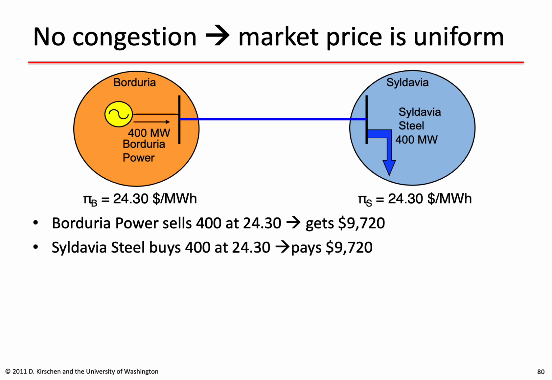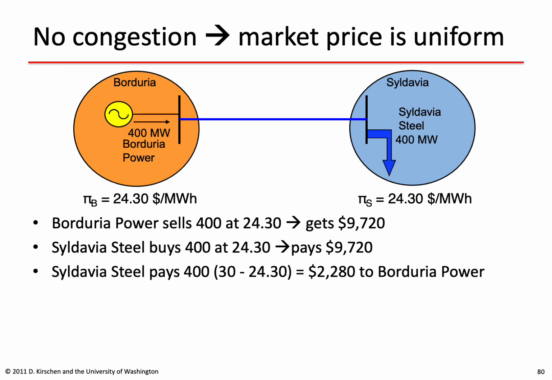Syldavia Steel buys 400 at 24.30, which is its nodal price, and therefore pays 9,720 in the centralized market. Syldavia Steel has a contract for difference with Borduria Power, and since they have agreed that the strike price was 30, which is higher than 24.30 that Syldavia Steel paid in the market, Syldavia Steel owes 2,280 to Borduria Power.